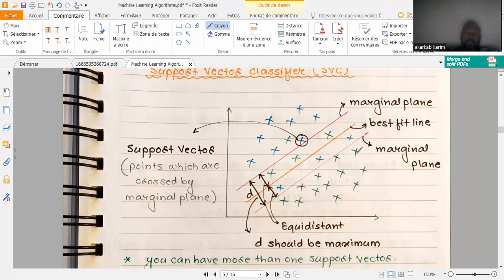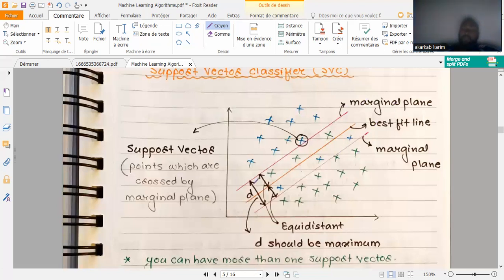We have one on both sides, because if we consider this example as a binary classification, we need to draw two marginal planes. We have this straight line here, and we have the marginal planes.